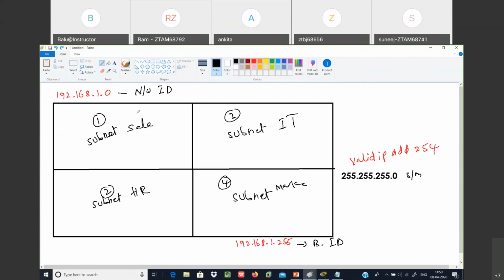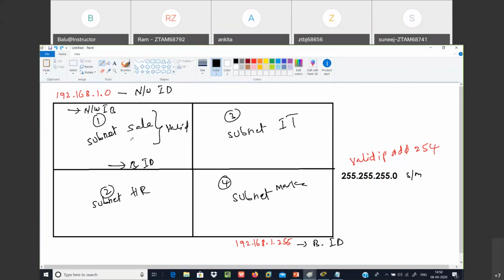For the first subnet, what will be the network ID, the last usable IP address, the broadcast ID, and in between how many valid IPs are available? If it's a major network, how many valid IPs are available? 254. But it's been customized.